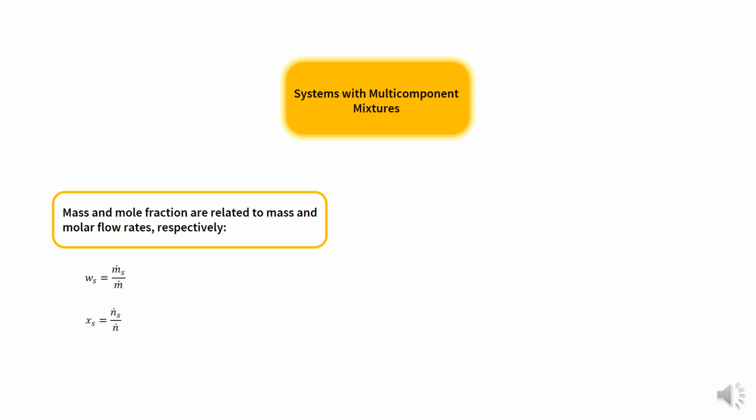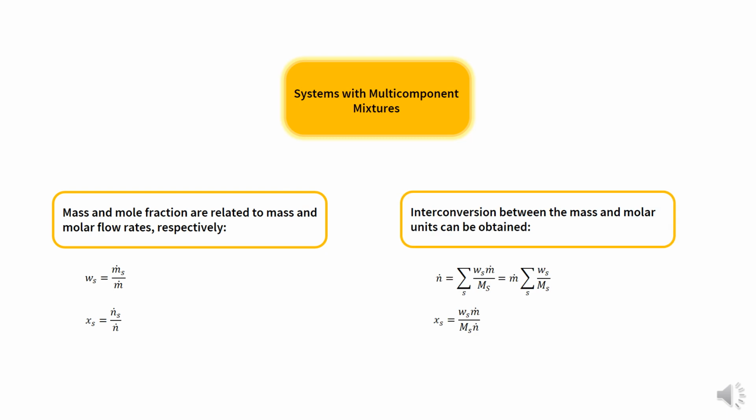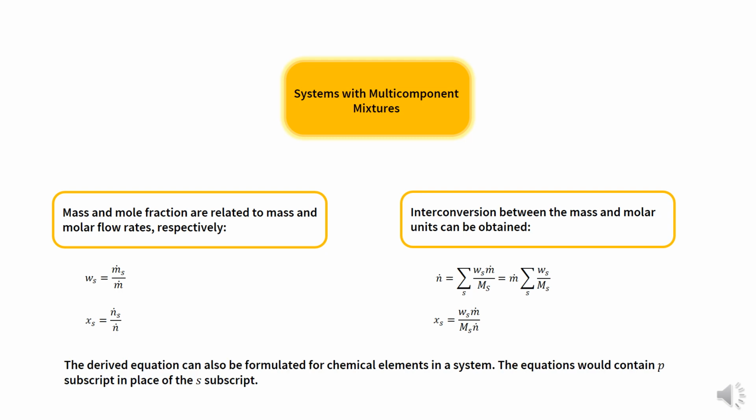The equation can be seen below. The interconversion between the mass and molar units can be obtained as in the equation below. The derived equation can also be formulated for a chemical element in a system, and the equation would contain P subscript in place of the S subscript.